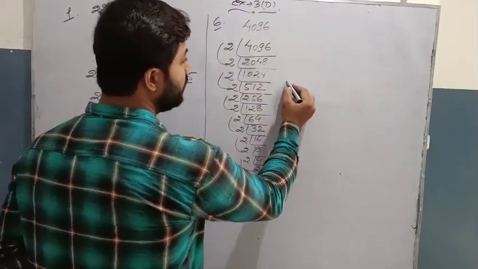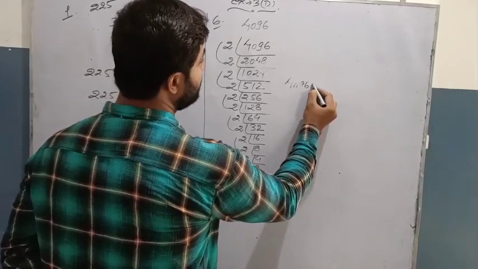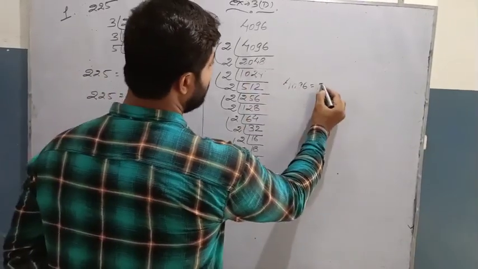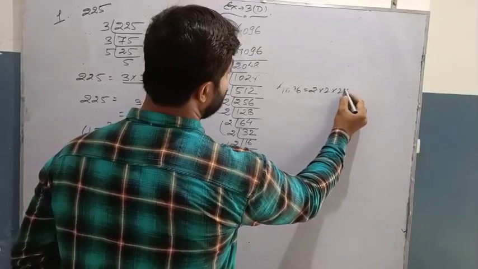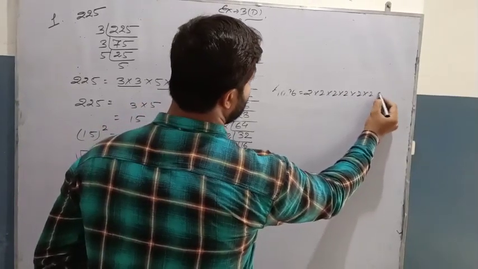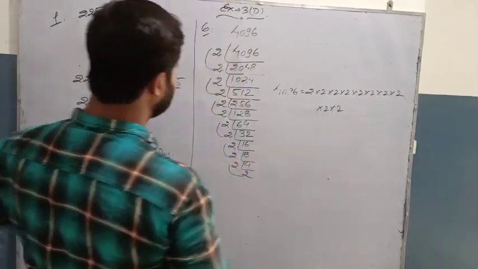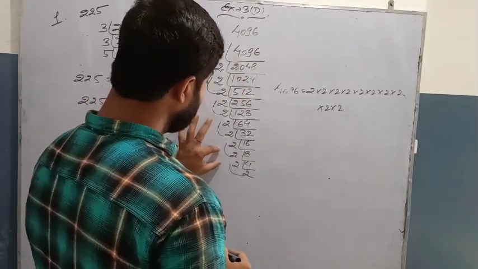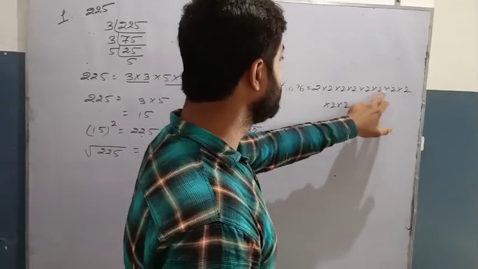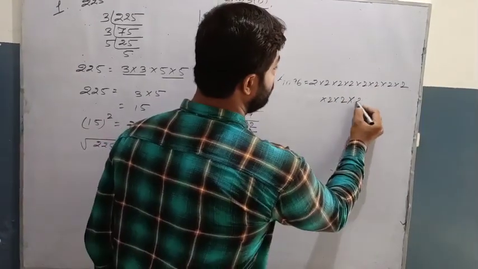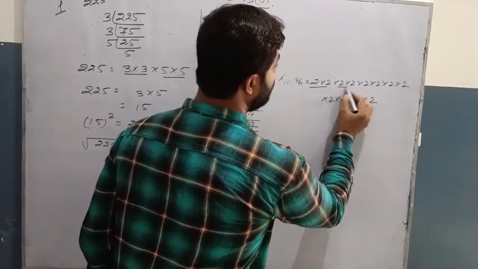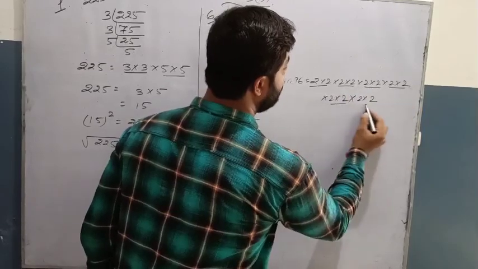We will show it. 4096 is equal to 2 into 2, 2 into 2, 2 into 2, 2 into 2, 2 into 2 and 2 into 2. So 1 pair, 2 pair, 3 pair, 4 pair, 5 pair, 6 pair.